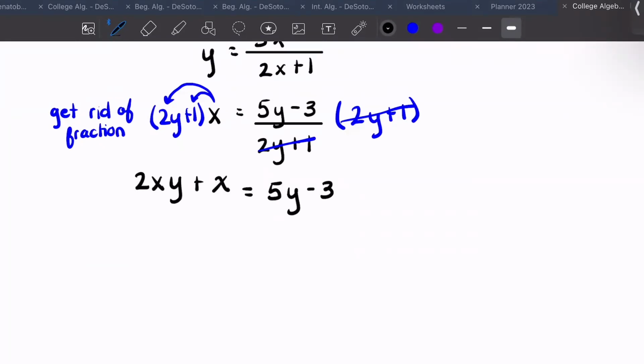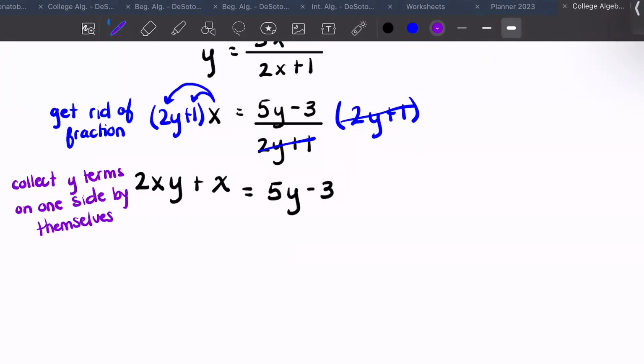We still have a y on the right and a y on the left. So now you're going to collect y terms on one side by themselves.